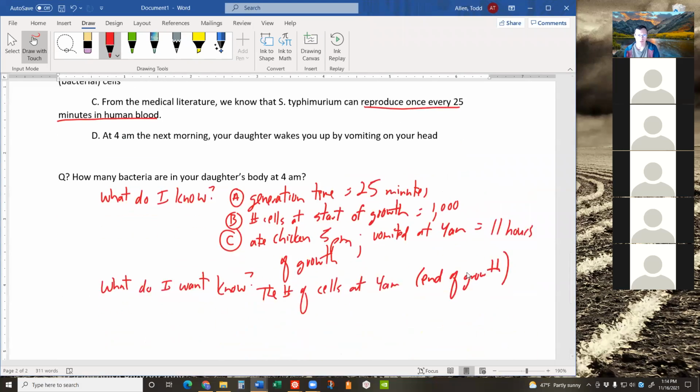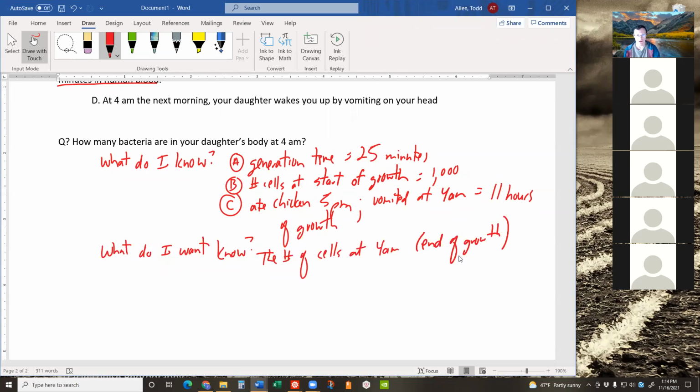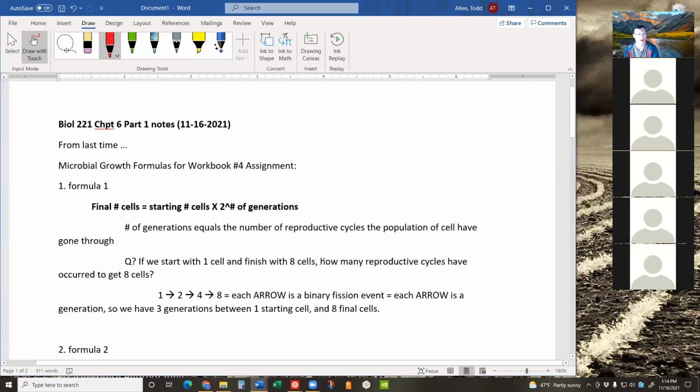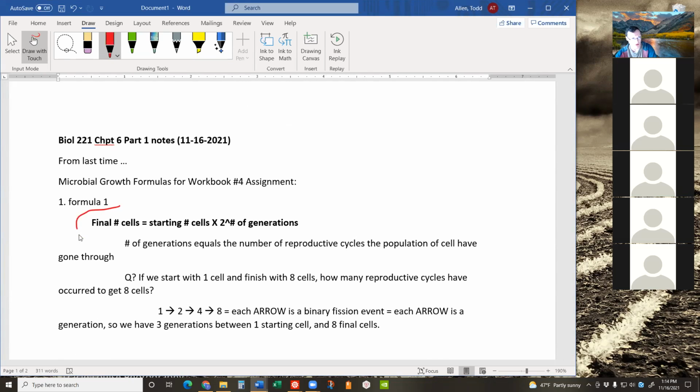You ask yourself, okay, I want to know the number of cells. Well, which formula will give me the number of cells? Here's a formula that'll give me the number of cells, formula 1, right? The final number of cells after a period of growth is equal to the starting number, which I know, don't I? That's 1,000 multiplied by 2 raised to the number of generations.